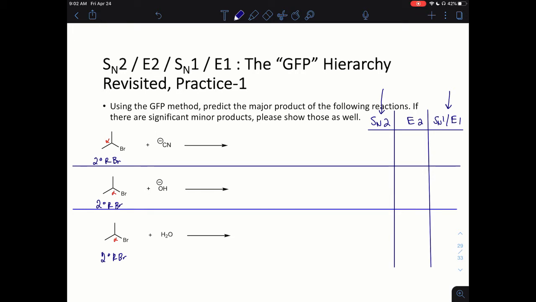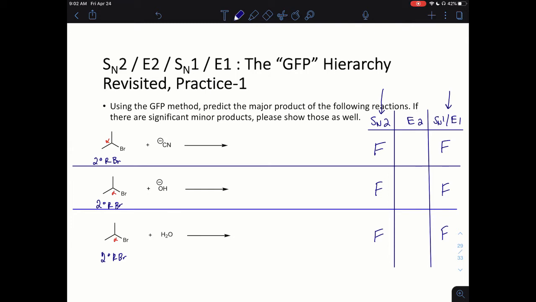So secondary alkyl halides are fair for SN2 because it's kind of hard for the nucleophile to get in and attack that alpha carbon. And SN1/E1, this is also fair for secondary halides because this forms a secondary cation, and they have intermediate stability. They're higher energy than tertiary, and we saw they're prone to rearrangement. So you have a fair SN1/E1 for secondary alkyl halides.